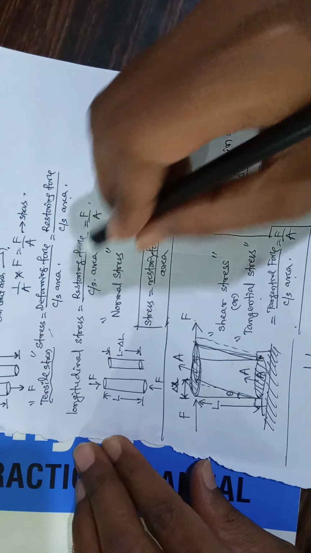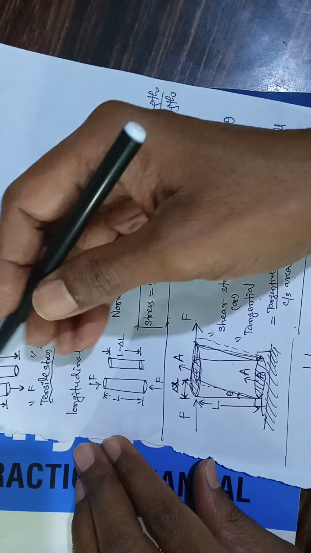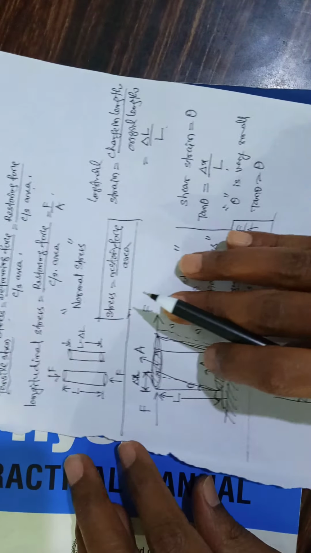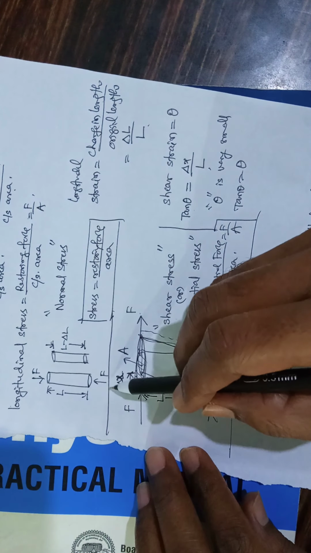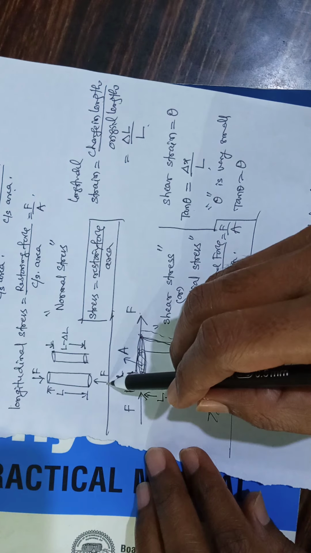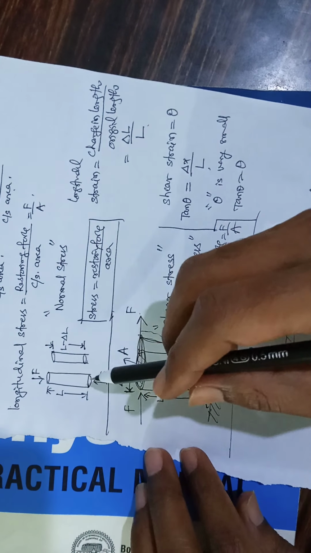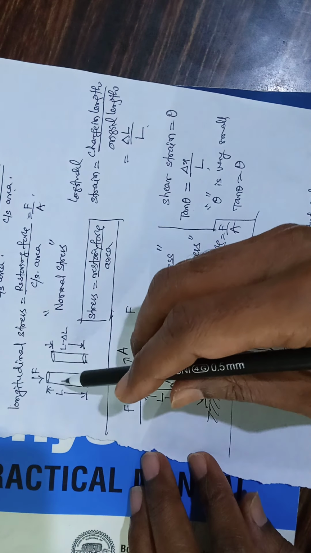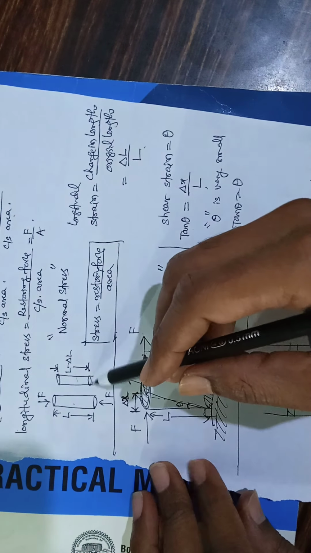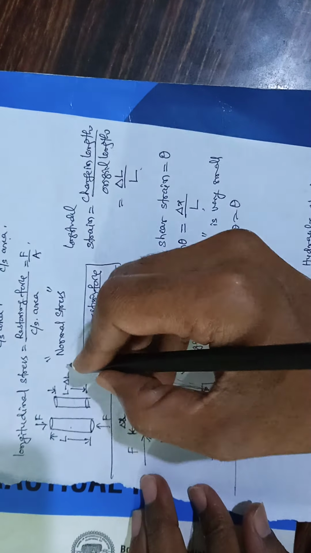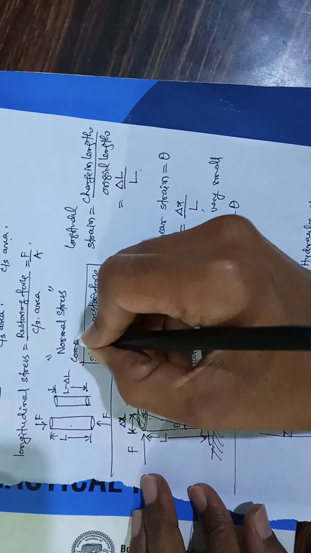Why tensile? Here its length is increased. Here you see, you are applying a compressive force. From both sides you are pushing, thereby its length decreased. And such stress is called compressive stress.